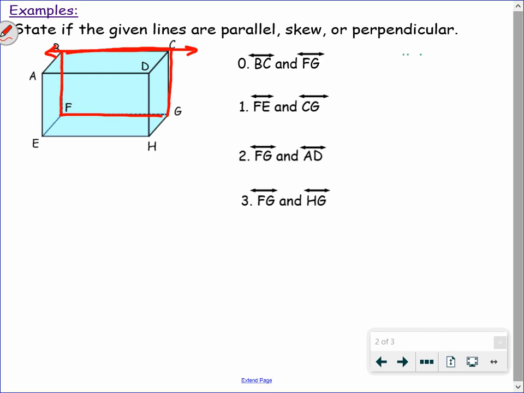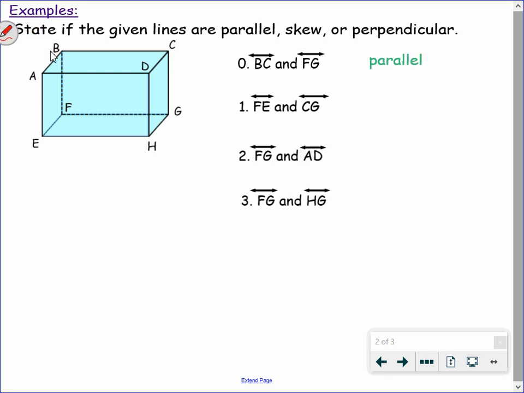So if I have line BC, which is at the top, and line FG, which is at the bottom of the same rectangle, then they have to be parallel. They're on the same plane and they're never going to intersect. So let's go to number 1 together.